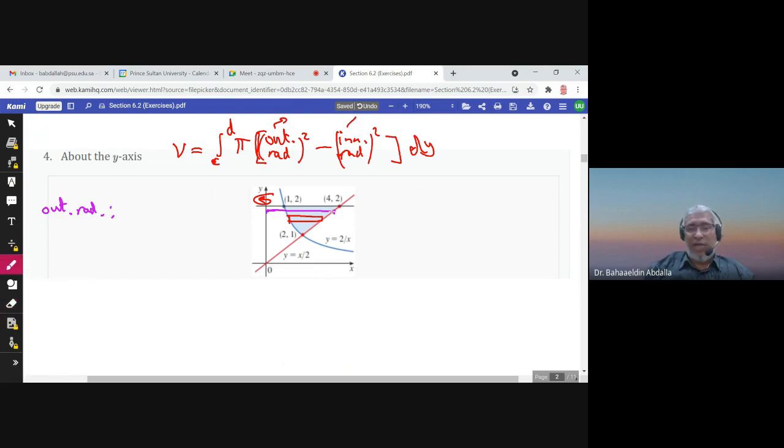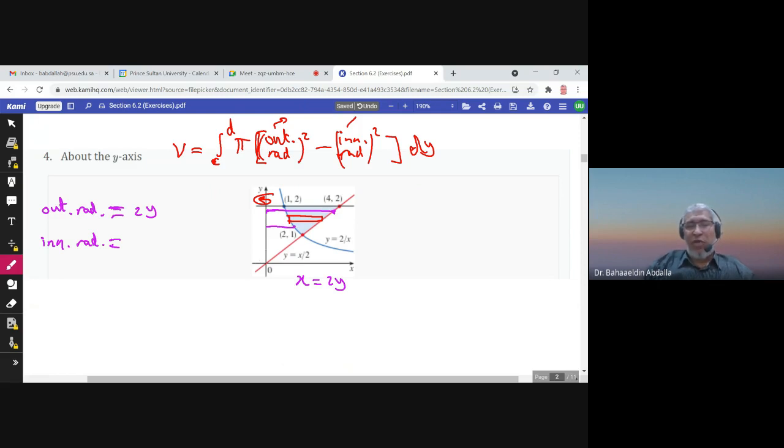How to find it? X of this line. Well, this line has the equation y equals x over 2, so we have to solve it for x. We multiply by 2, so x would be equal to 2y. So the length of the outer radius is 2y. The inner radius is the distance from here to the inner curve.